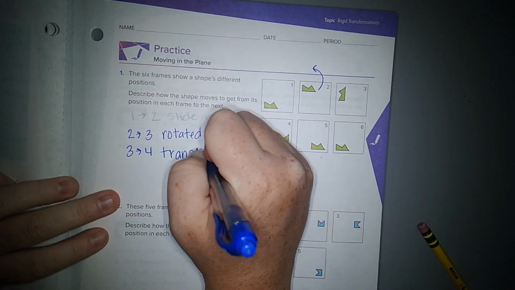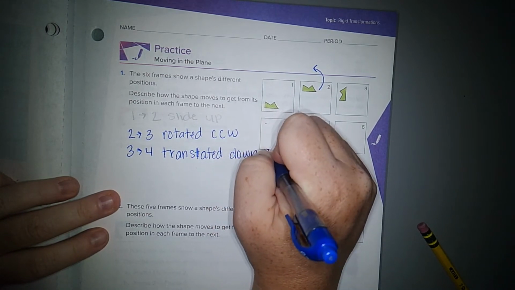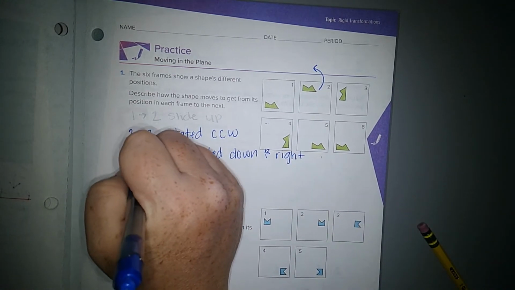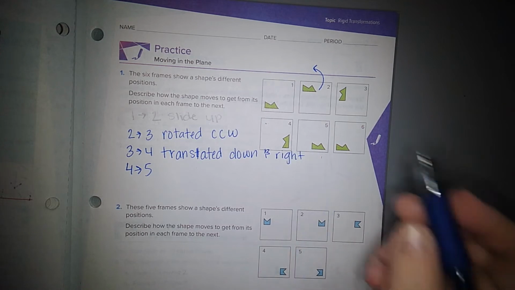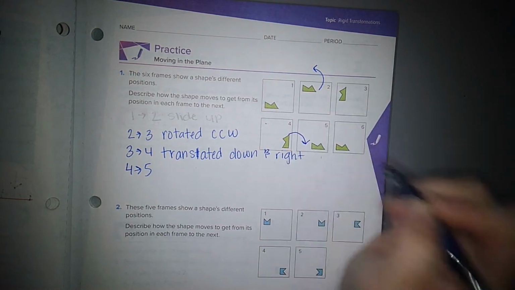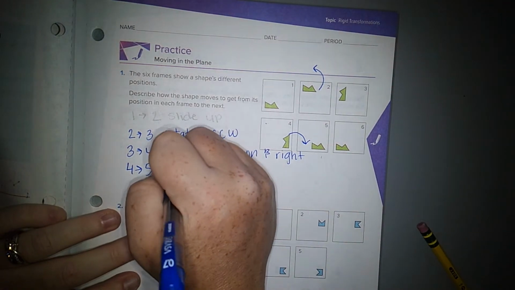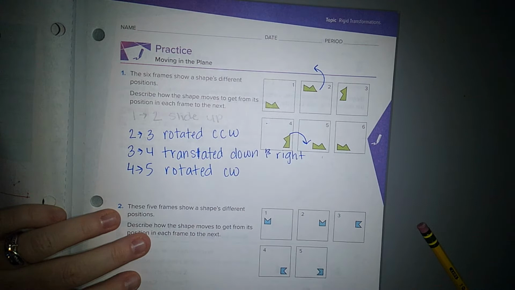Oops, that's an L. Translated down and right. From 4 to 5, we were here, and now it's laying down. It rotated clockwise. CW is clockwise.